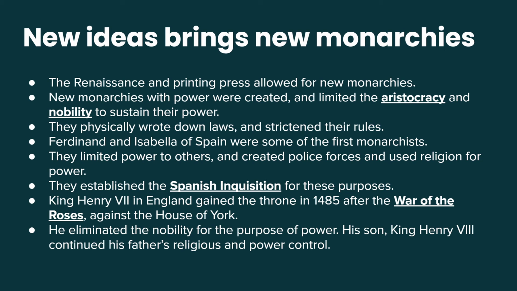But the new individual leaders, such as kings, wanted all the power, and they would push away from these high class groups. They actually wrote down laws, and Ferdinand and Isabella of Spain were some of the first monarchists. They limited power to others and created police forces and religion to sustain their power. They established the Spanish Inquisition for these purposes.